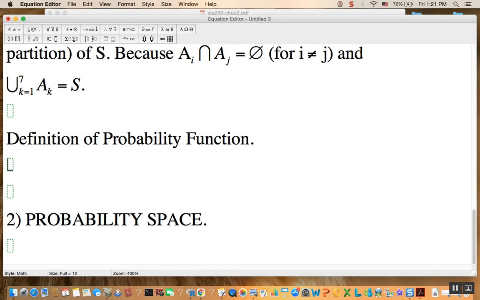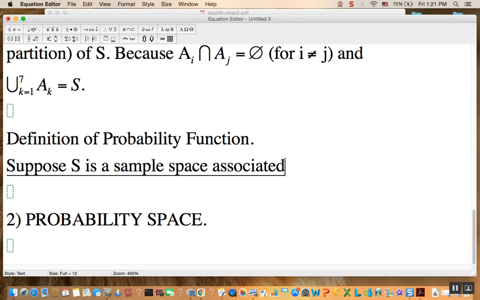So, suppose S is a sample space associated with an experiment.